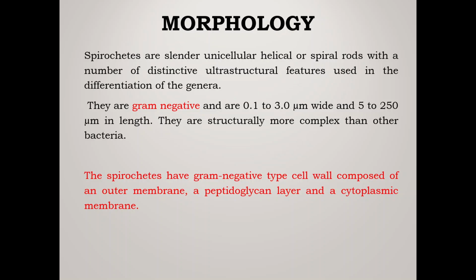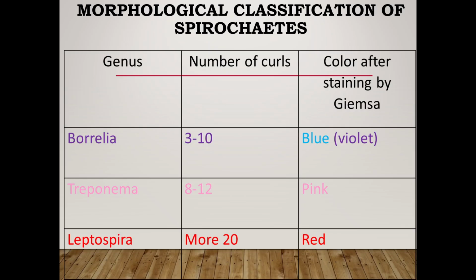They are structurally more complex than other bacteria. They have a gram-negative type cell wall composed of an outer membrane, a peptidoglycan layer, and a cytoplasmic membrane.